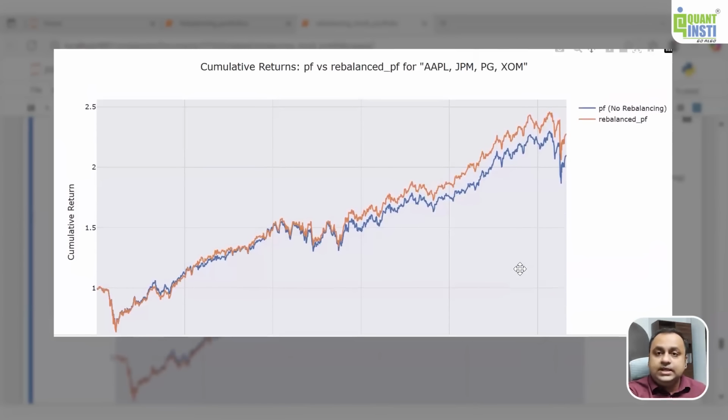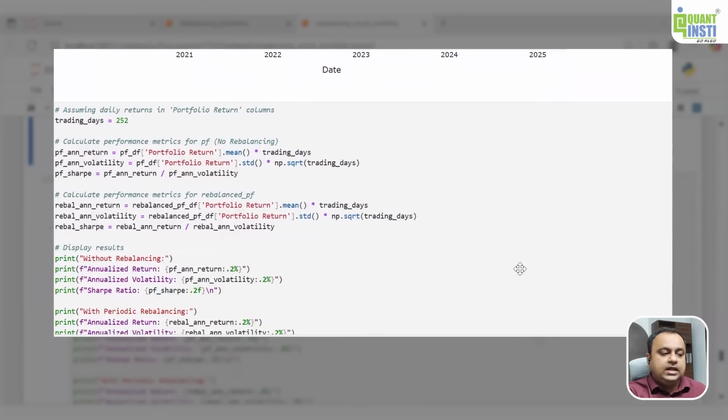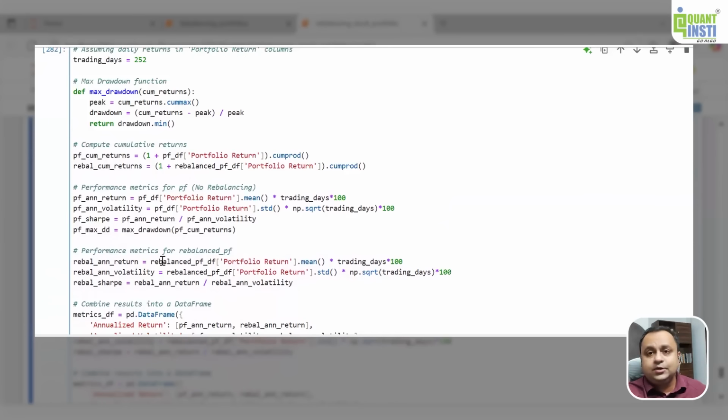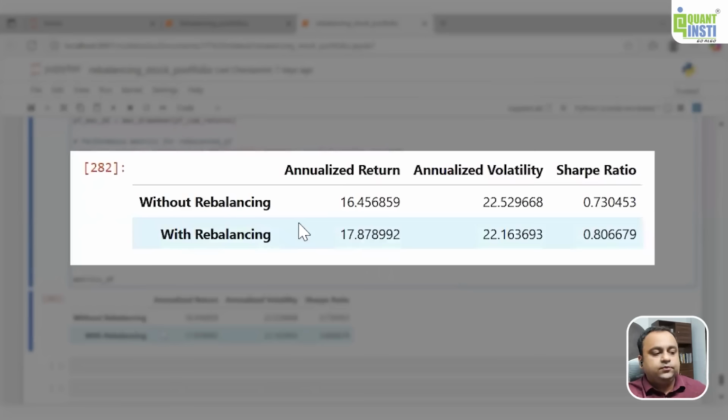I'm not getting into the details of the code. It is something very similar to what we have done. And what I'm going to show you now is the portfolio metrics. Here I can clearly see that the portfolio which has been rebalanced has clearly outperformed. It has given higher annualized returns and it has done so with a slightly lower annualized volatility.